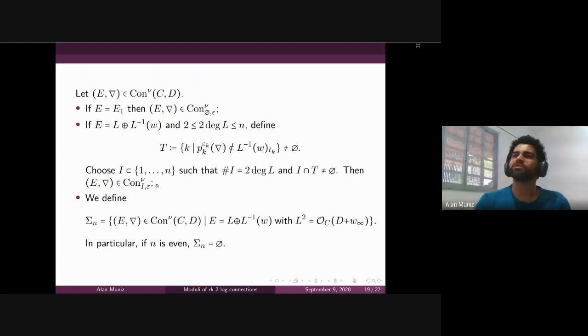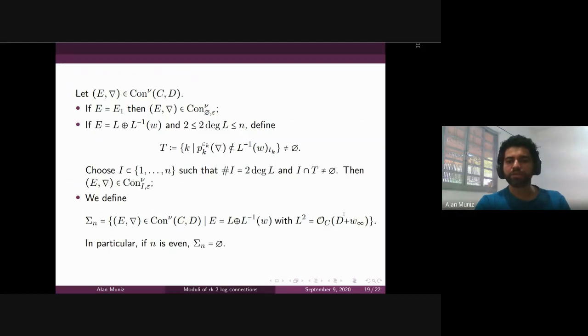And the last case, when 2 times the degree of L is n plus 1, we define this space. We can describe this space better, but the point is that this is precisely the connections over a square root of the original d plus w, where w is what we use to polarize the curve.